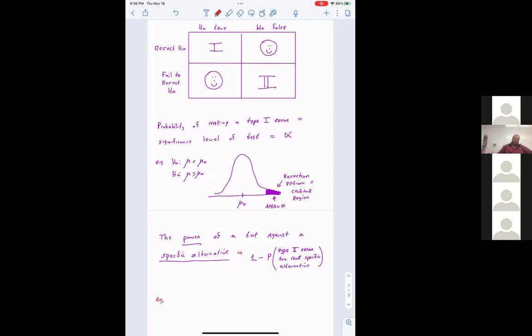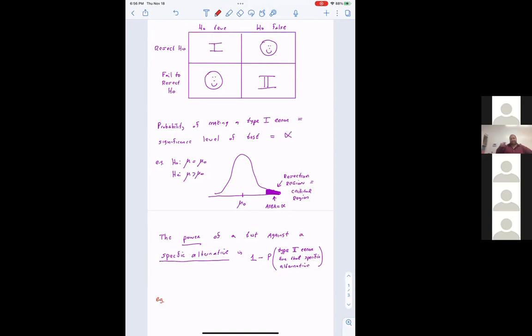Why is it equal to the significance level of the test? Well, if the null hypothesis is true, then my curve has mu naught at its center. The rejection region in this example is the far right. And I know that the likelihood of landing in that rejection region is just 5% usually. It's just my alpha. That's how I pick my alpha.